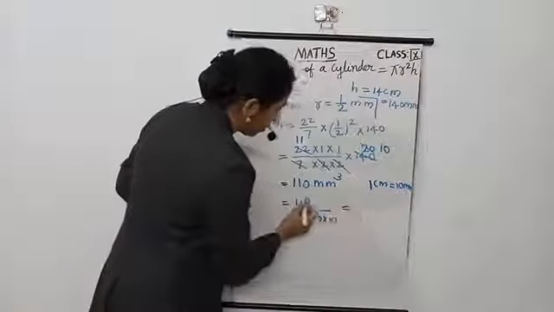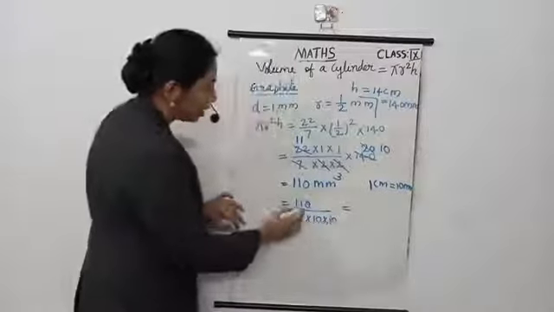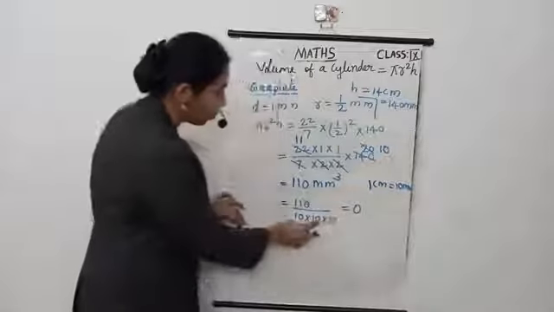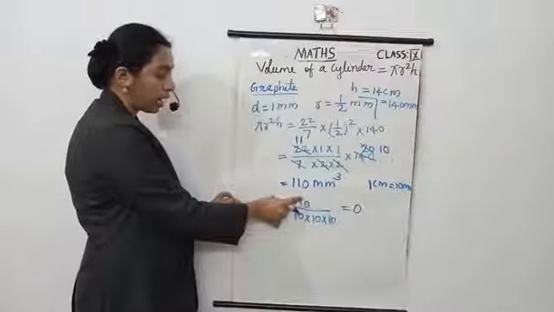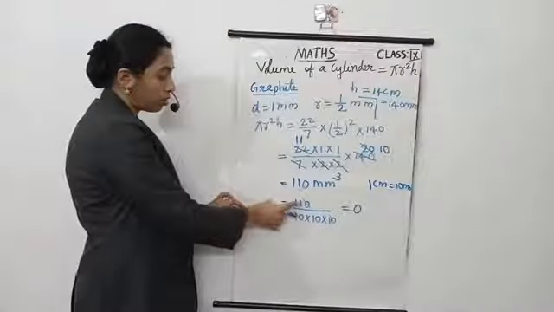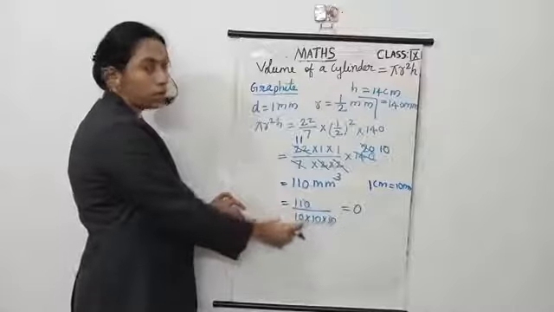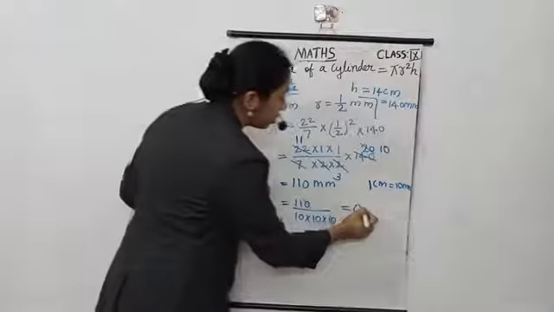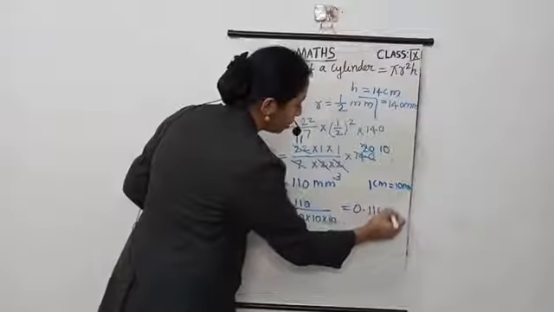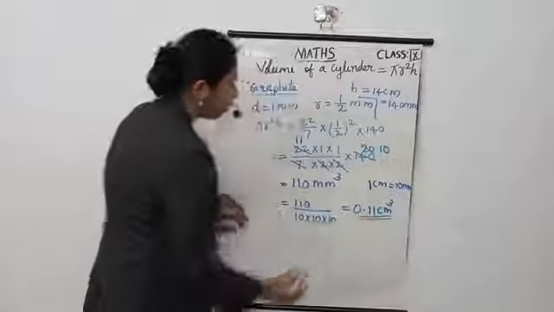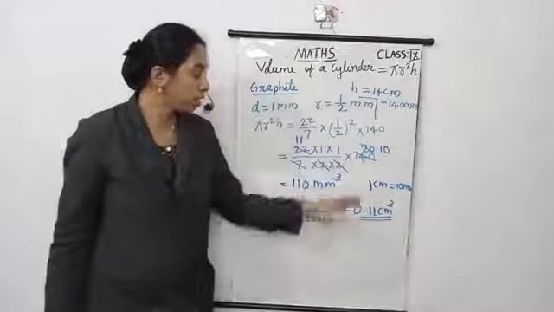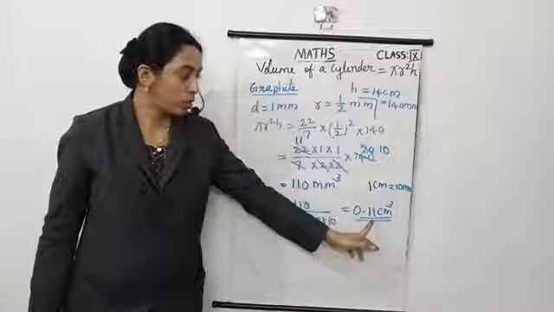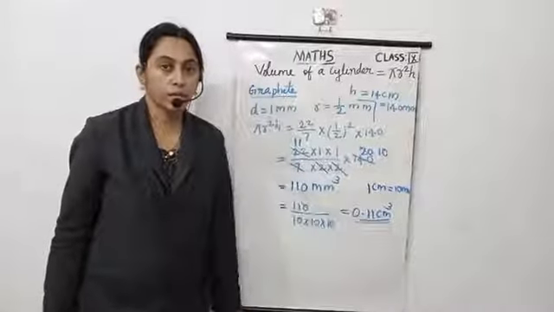So divide, 0 and 0 cancel, then put the point two digits from the right to the left. So this is 0.11 centimeter cube. So the volume of that graphite is 0.11 centimeter cube.